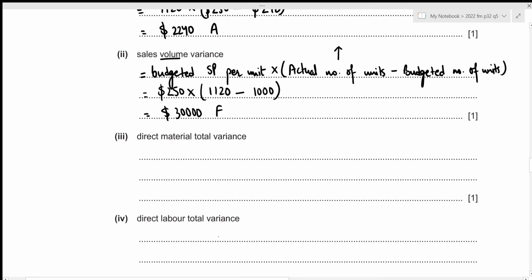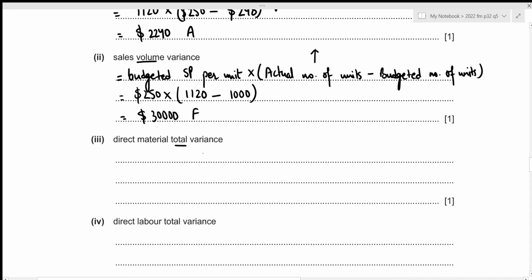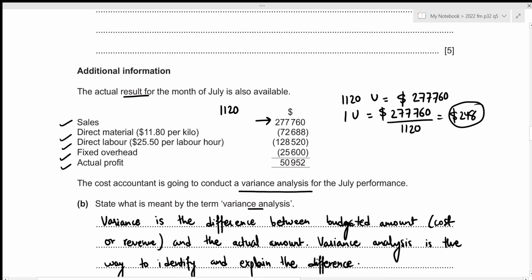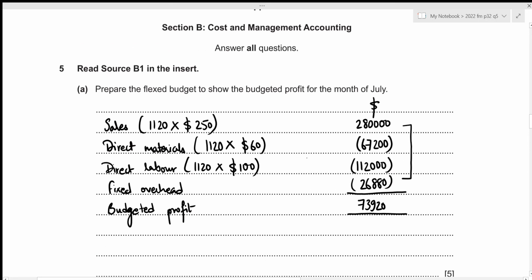Now for the third part, we need to figure out the direct material total variance. And whenever we are talking about total variance, this is just going to be the difference of the direct material from our flex budget and the direct material from our actual figures. All right, so let's have a look above. We can see that the actual direct material cost is 72,688, whereas for the flex budget, it was 67,200.